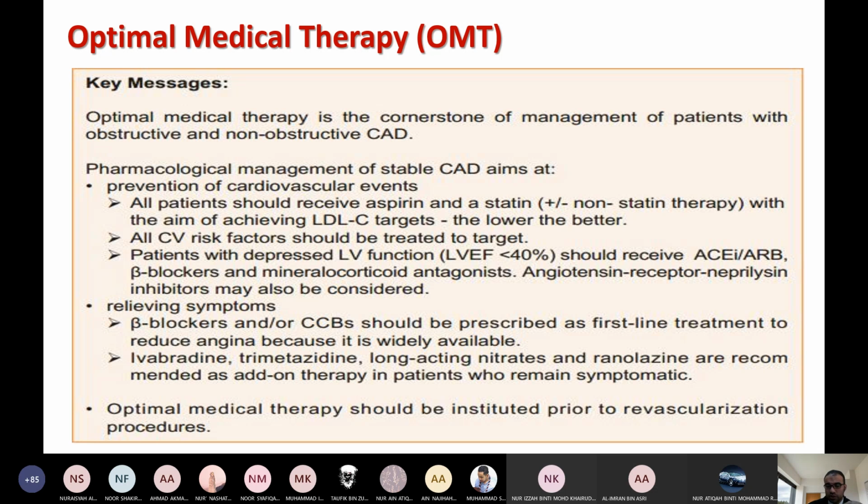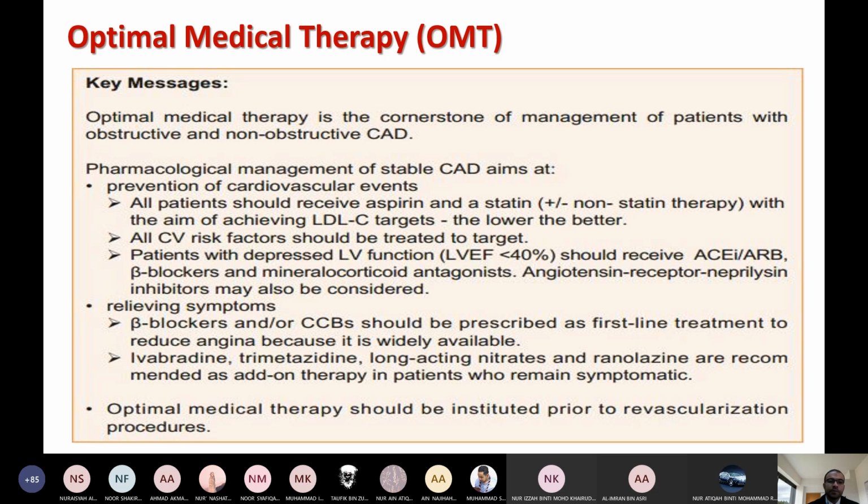For patients with depressed left ventricular ejection fraction, we talked about the ACE inhibitor and other agents to be added, and I think heart failure was also mentioned. For relieving symptoms, the ones we highlighted mainly today, the beta blocker and the CCB are first-line agents. Ivabradine, trimetazidine, longer-acting nitrate, ranolazine, and nicorandil, which is not here, are recommended as add-on therapy in patients who remain symptomatic in a given case. Optimal medical therapy, or guideline-directed medical therapy, means the medication should be instituted prior to the revascularization procedure.